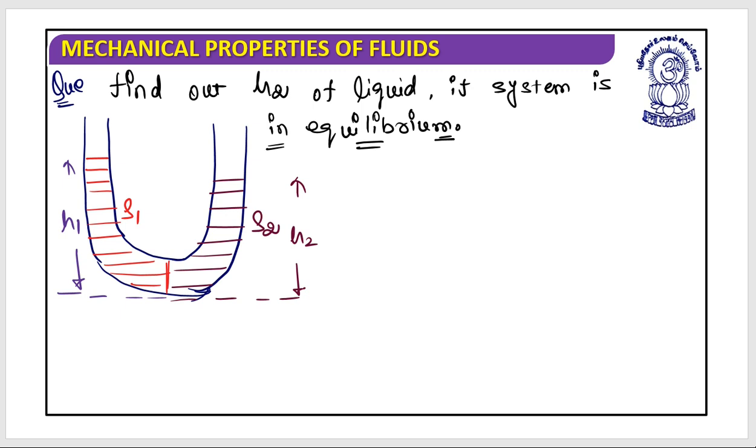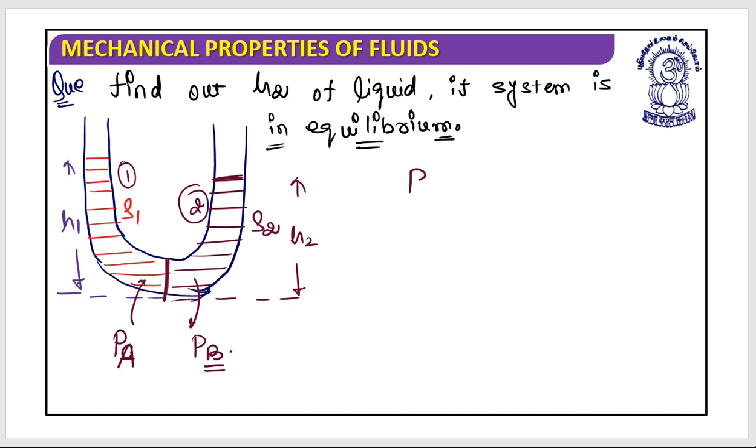So what you can understand is that this is fluid 1 and this is fluid 2. Both are going to be balanced over here. This is the boundary where they are balancing, and if this is the location where they are balancing, that means the pressure at this point, let's call this pressure at A, and the pressure at this point, which we call pressure at B, these two pressures must be equal, because they are the pressures which arrange their heights like this.